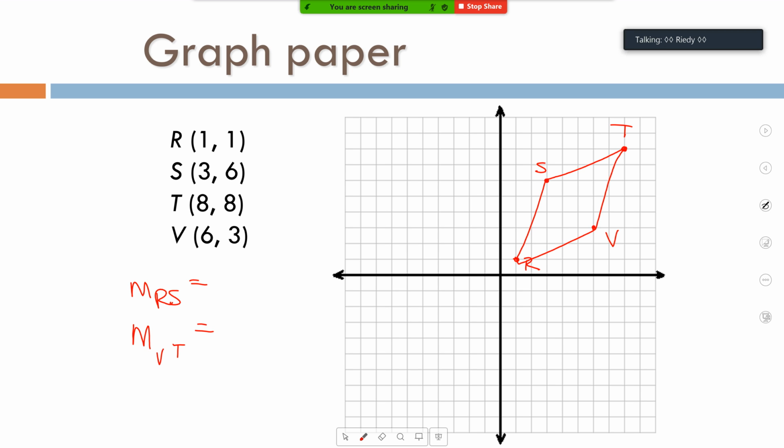Good, that's one method. Now, what other properties did we talk about? We said that the opposite sides are congruent. How do I know, or what do I do to see if ST is congruent to RV? How do I check that? Zoomers, feel free to jump in. Nobody? How would you check distance on a coordinate plane?